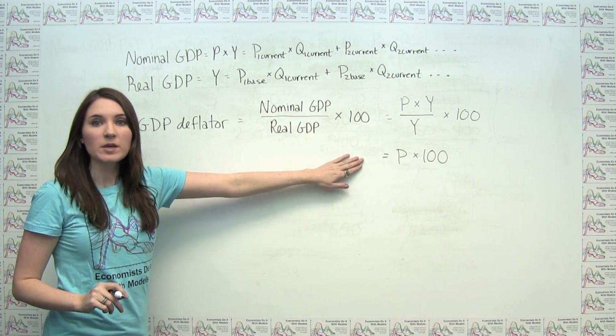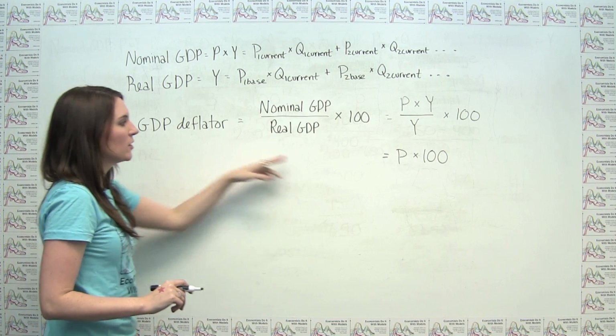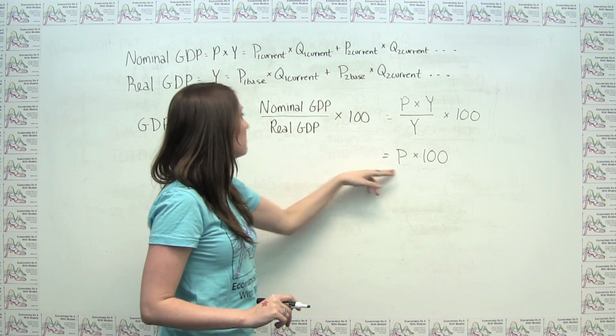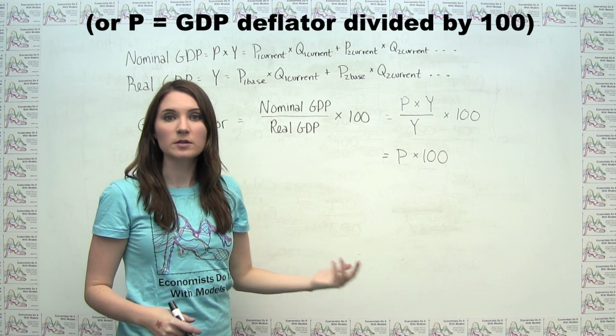So we can see from here very clearly that our GDP deflator represents some measure of the aggregate nominal price level in an economy.